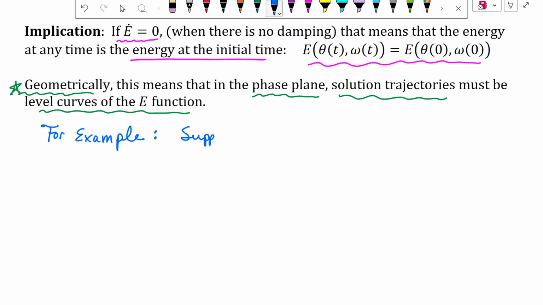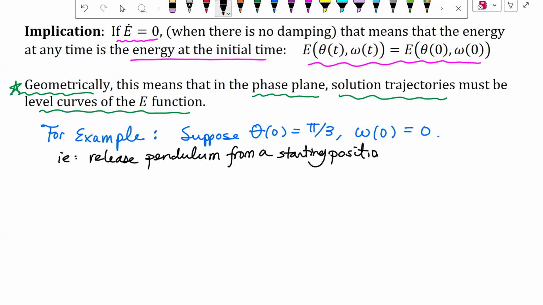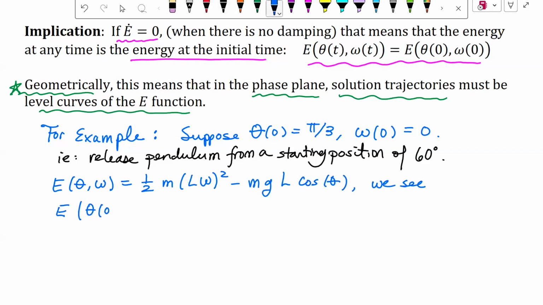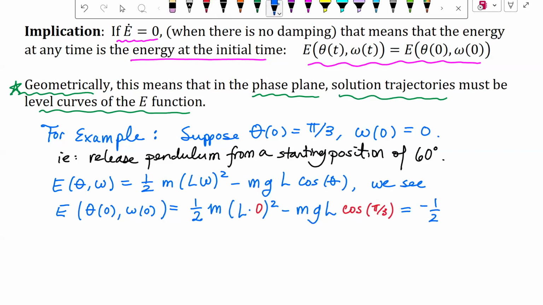Let's suppose that our angular displacement at time 0 is pi over 3, and our initial velocity at time 0 is going to be 0. That means we're going to release the pendulum from rest at 60 degrees. Using the equation for the energy, we can see what it is at time 0, which reduces to -1/2 mass times gravity times length.